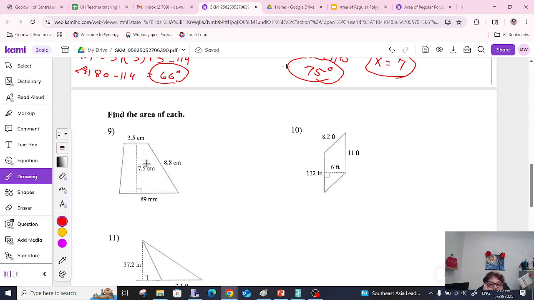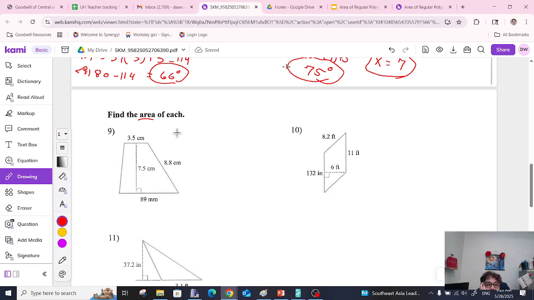Right here, I have centimeters, millimeters, centimeters. So I want to make sure that I'm going to be using the correct units. They all have to be in the same unit when you're calculating area. So I'm going to have to do a conversion maybe. First of all, what shape is this so I know what formula to use?